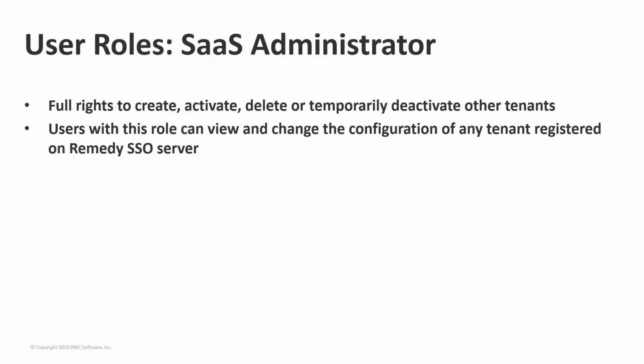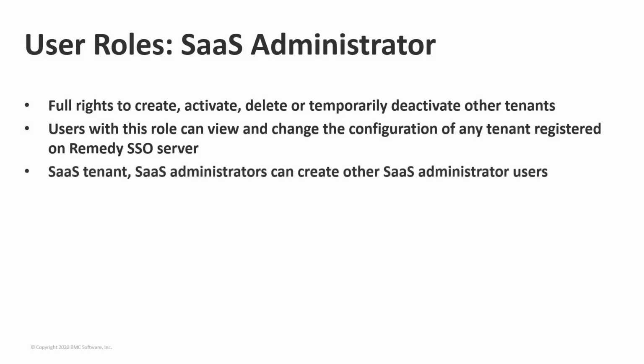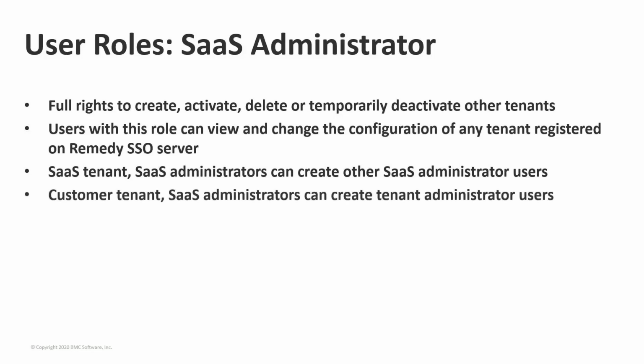The users with this role can view and change the configuration of any tenant registered on the RSSO server. When we select the SaaS tenant, the SaaS administrators can create other SaaS administrator users. When we select a specific customer tenant, the SaaS administrators can create tenant administrator users. We'll share that in a demo.